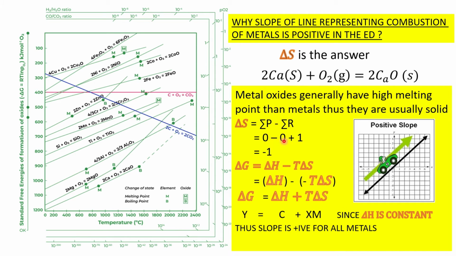So if I put a bracket here, this will give you the negative value, that is -1, and that means this delta S is -1.